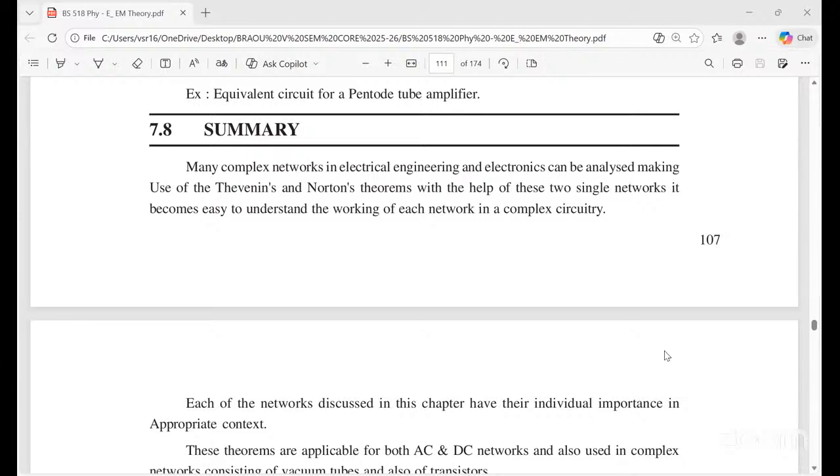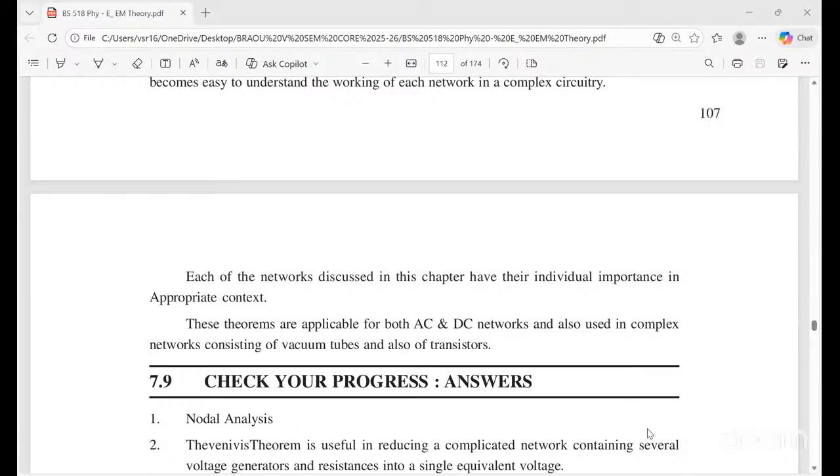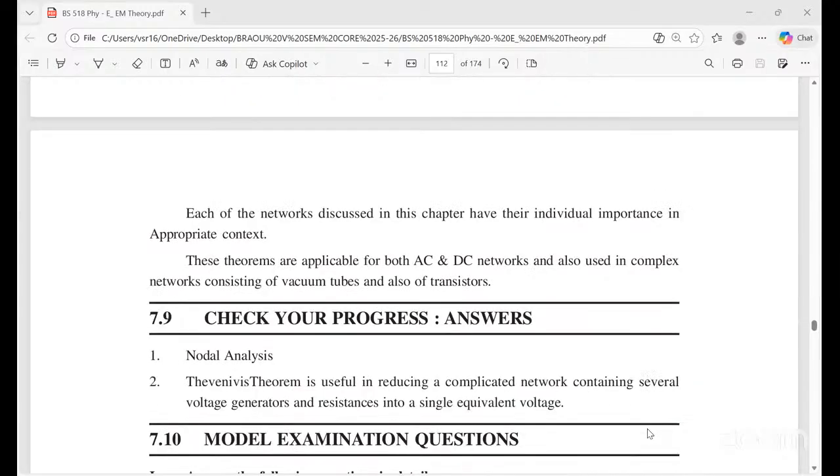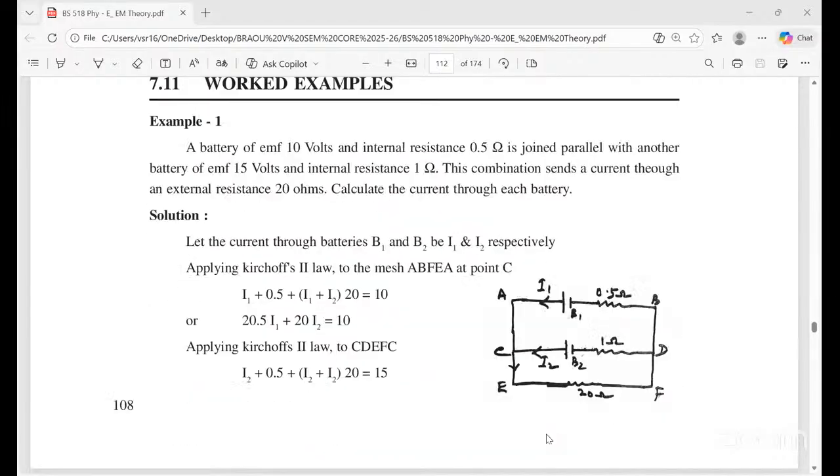Each of the theorems discussed is of individual importance. These theorems are applicable for both AC and DC, alternating current and direct current networks, and are also used in complex networks containing vacuum tubes and transistors.